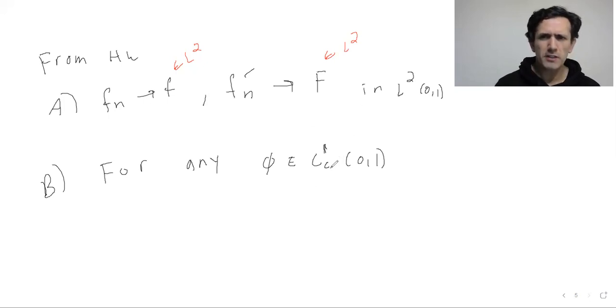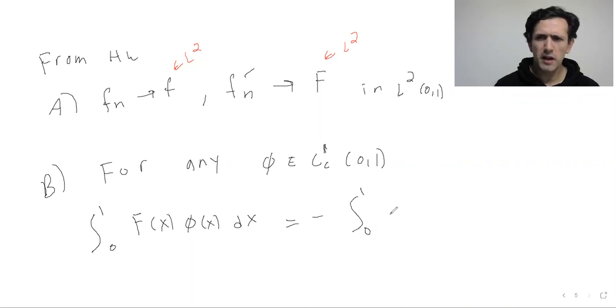So for any phi in C_c^1, 0 to 1, the following is true. It was basically nothing much other than a little easy approximation argument involving limits and Calc 1 integration by parts. So this is going to be given by the integral from 0 to 1, f of x, phi prime of x, dx.